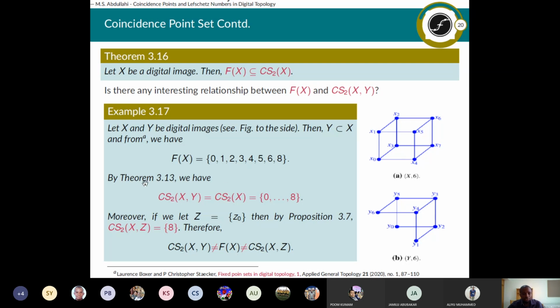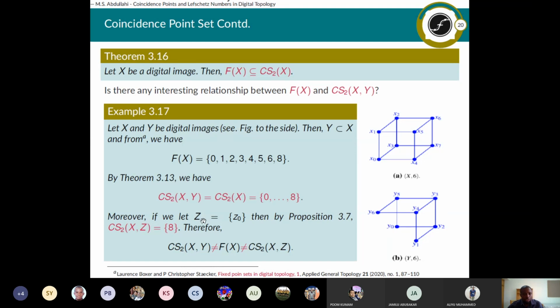But by our Theorem 3.13, if Y has at least one pair of adjacent points, then CS X,Y will always be the same as 0 to 8. That is, it is going to be a full spectrum.